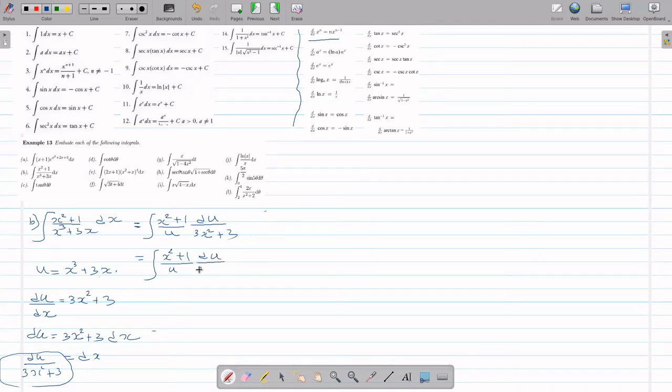I pull out the 3, cancel out x squared plus 1, and pull out 1 over 3. I get 1 over u du.